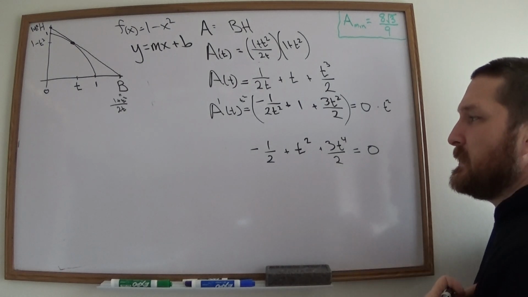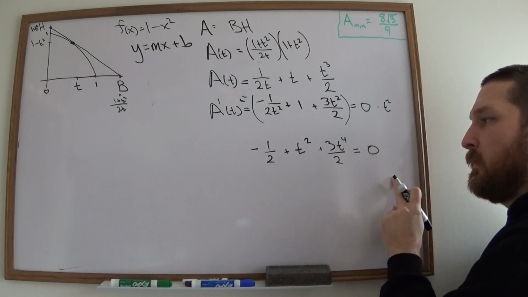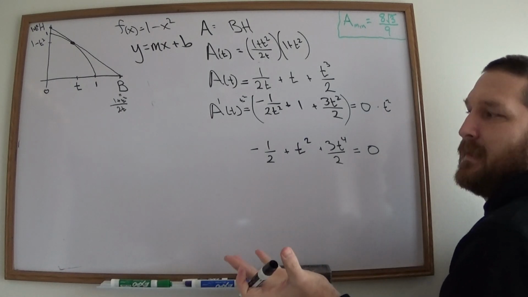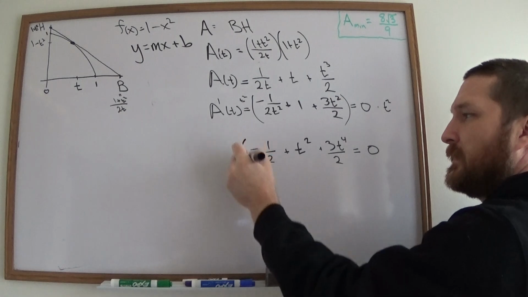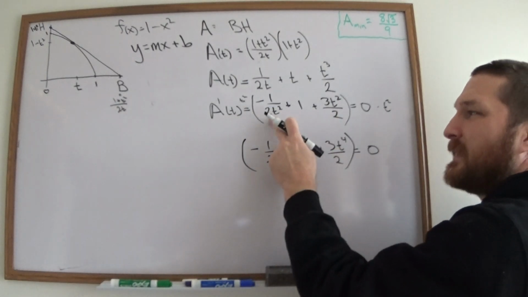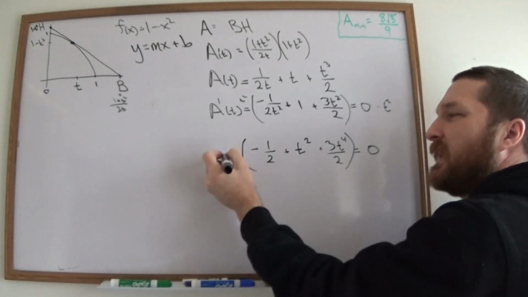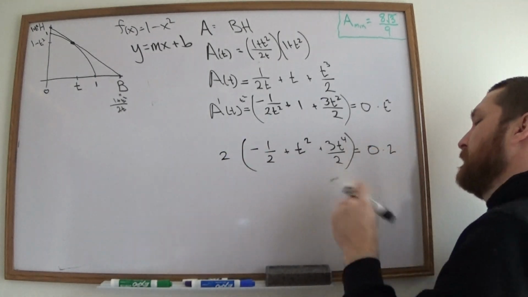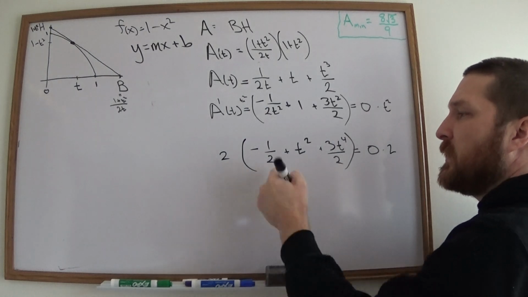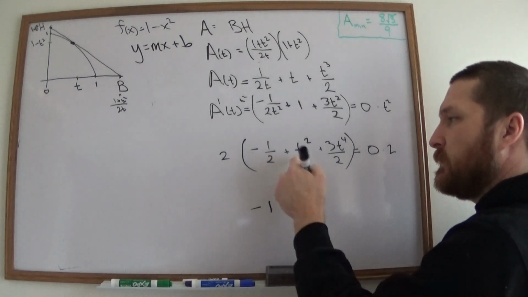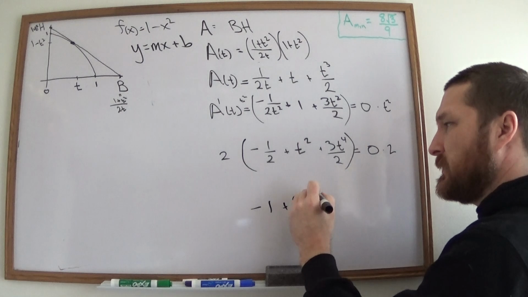I mean, we could just plug along from here. But again, I have some equation equal to 0, and I have denominators. Let's just get rid of the denominators. It's going to make my life easy. So at the very beginning, I could have just said, let's kill both of those denominators with a 2t squared. But I'm kind of doing it in 2 steps here. It doesn't matter. So the 2 comes over, I get a negative 1. This would be a plus 2t squared.